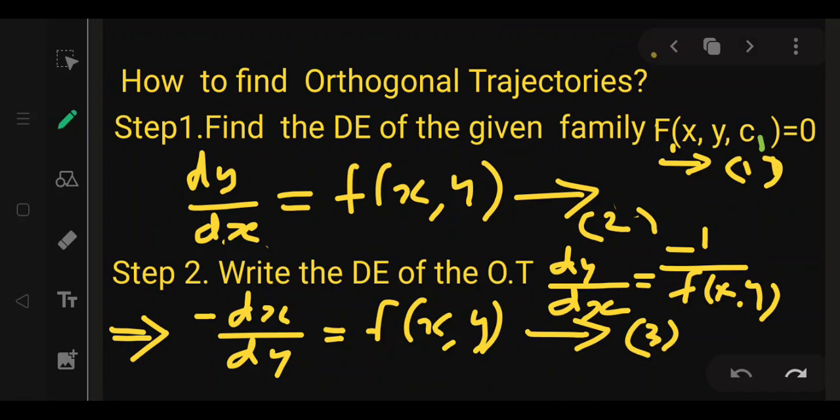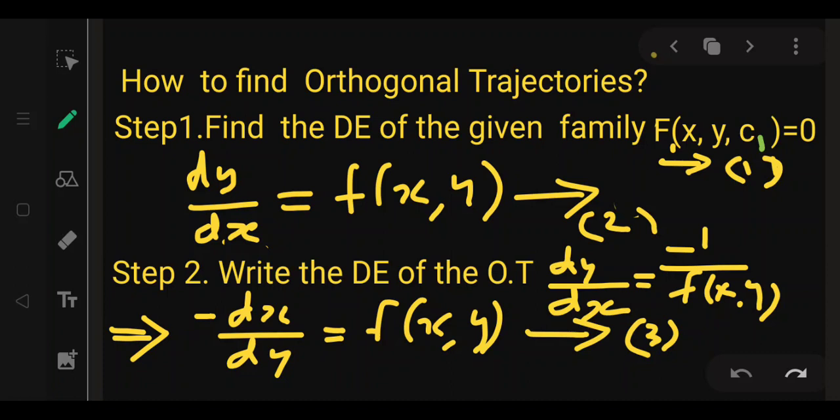For that, differentiating equation 1, we will get an equation involving dy by dx. Okay, so eliminating the arbitrary constant c1 from this equation and the given equation 1, we get a differential equation of the form dy by dx equal to small f of x, y. You take it as equation 2.